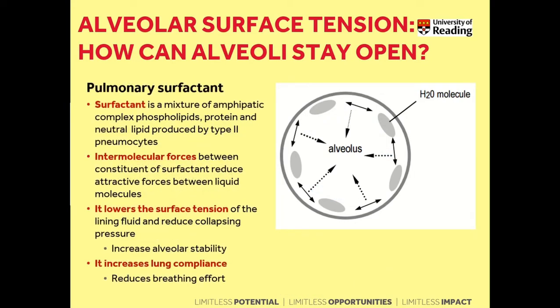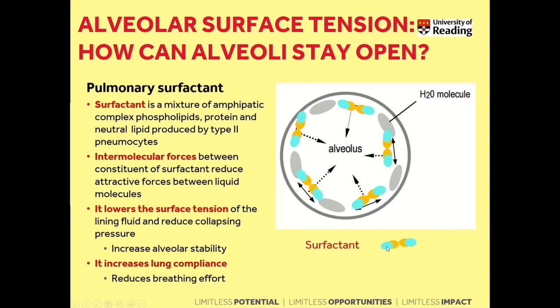What is the pulmonary surfactant? It's a mixture of amphipathic phospholipids, so molecules that have both hydrophilic and hydrophobic parts, and also protein and neutral lipid. They are produced by type 2 pneumocytes.